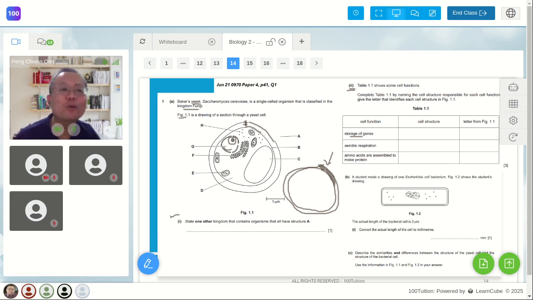Okay, let me first ask you, is there another structure in the cell that we see in diagram 1.1 besides H that is also a ribosome?